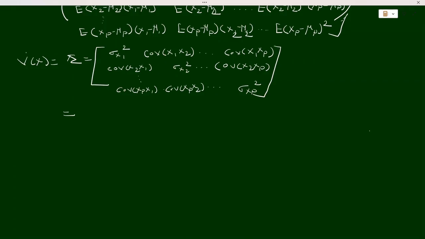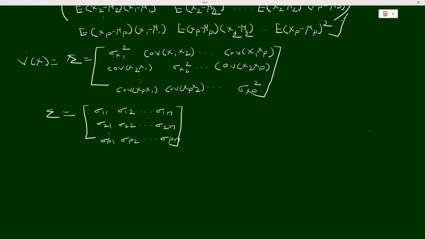So therefore variance, we will get it like this: sigma 1 1, sigma 1 2, etc. sigma 1 n, sigma 2 1, sigma 2 2, etc. sigma 2 n, etc. sigma p1, sigma p2, etc. sigma pn.